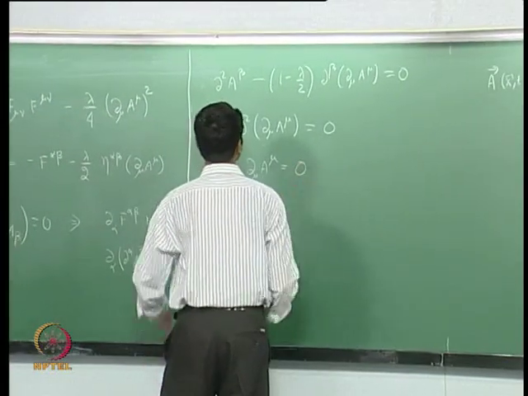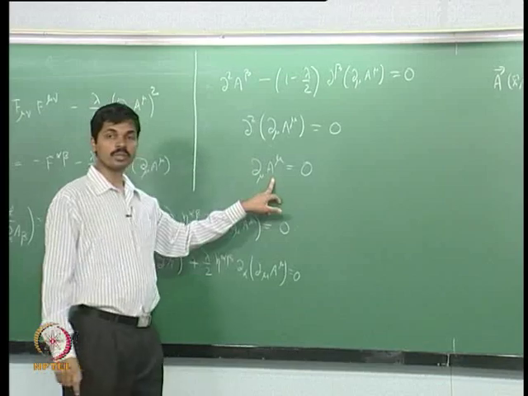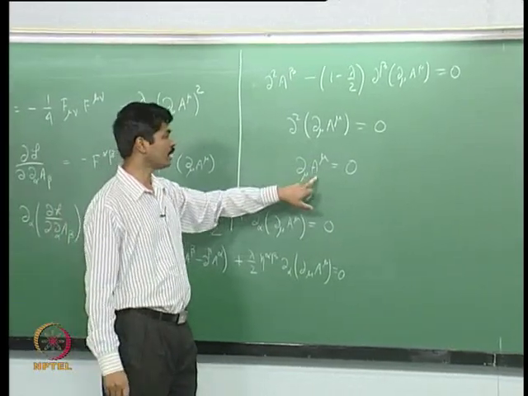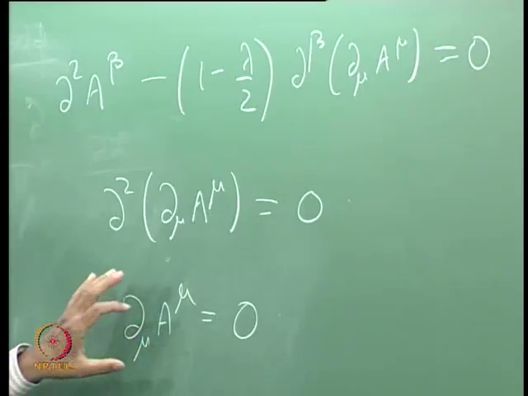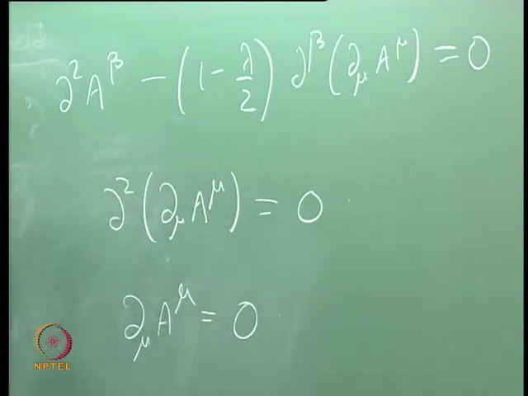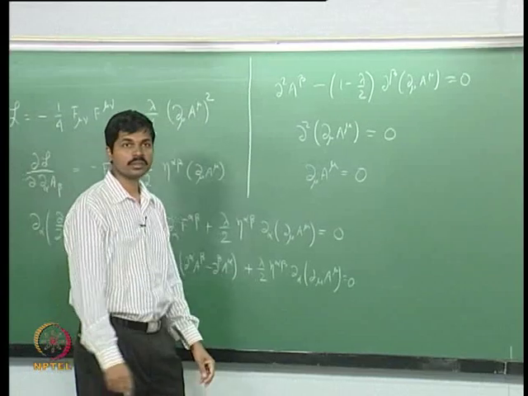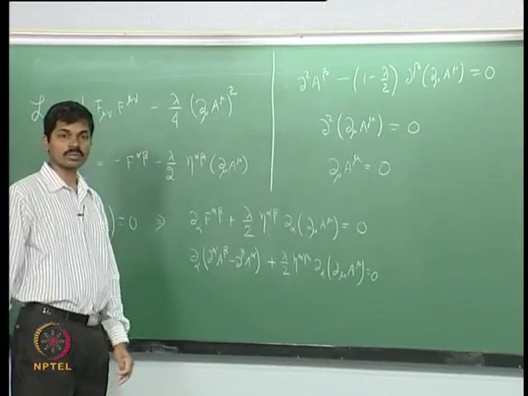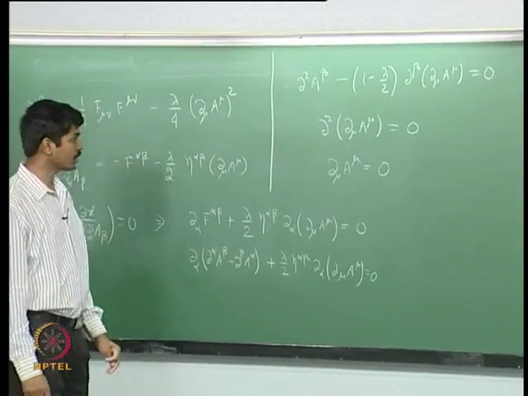You see that you recover Maxwell's equation if you impose this gauge, del mu A mu equal to 0. If del mu A mu equals 0, then the equation of motion coincides with Maxwell's equations.